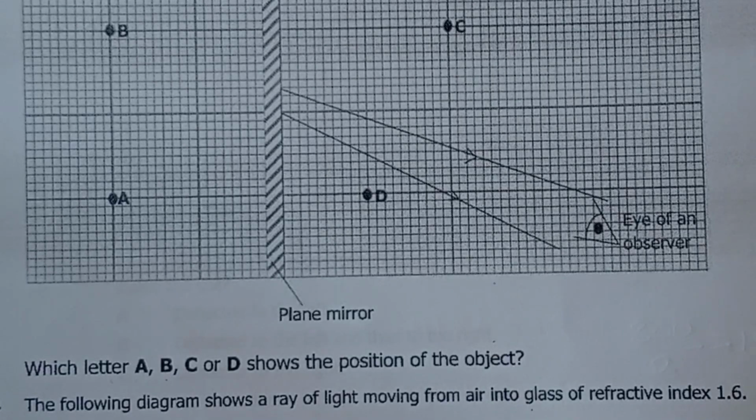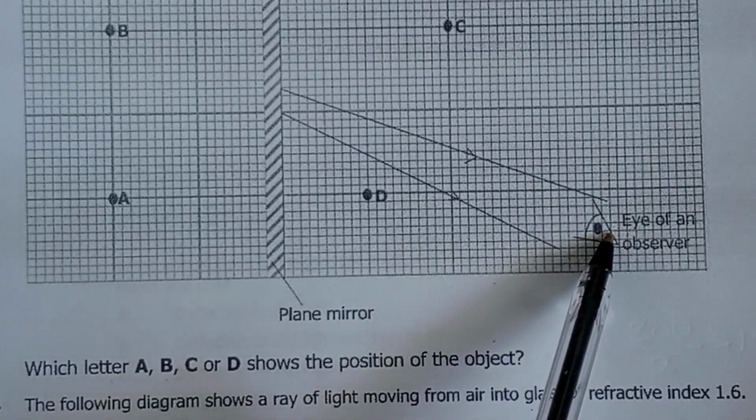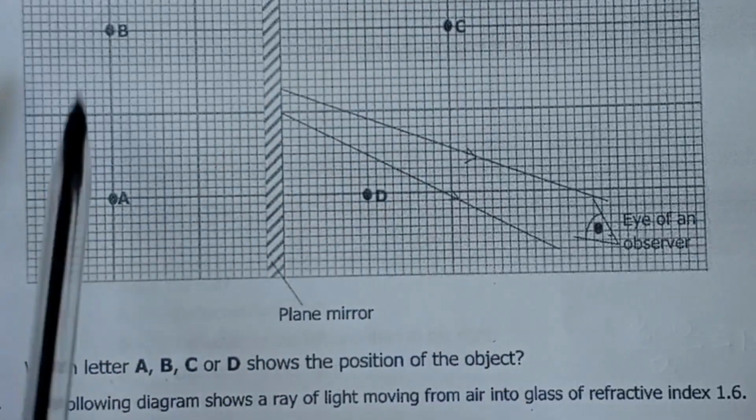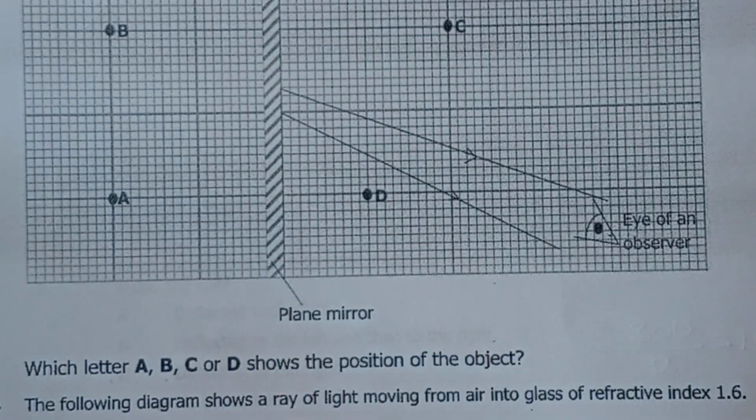So the object will be on the same side with the observer. Then the image will be on the other side of the mirror. So if this is an observer, meaning the object must be this side, the image this side, on the other side. You need to understand that the distance from the object to the mirror line must be equal from the mirror line to its image.